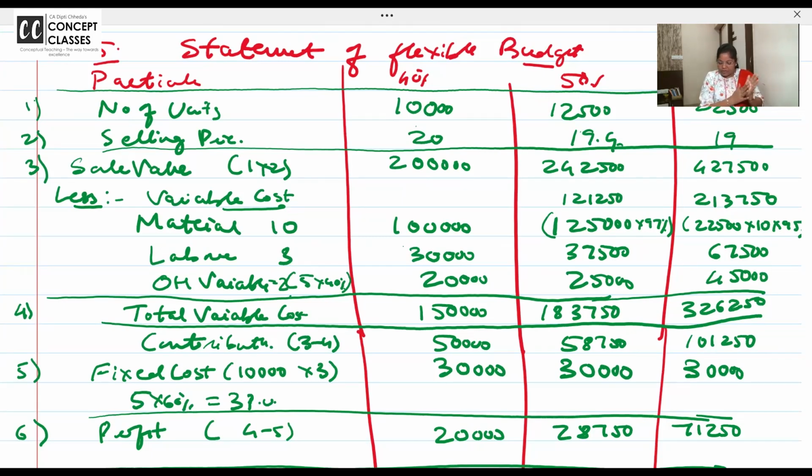Sales minus variable cost is contribution minus fixed cost. I am doing. You can also do like variable cost, fixed cost, total cost. प्रॉफिट और नीचे सेल्स. फ्लेक्सिबल बजट ऐसे ही बनता है.